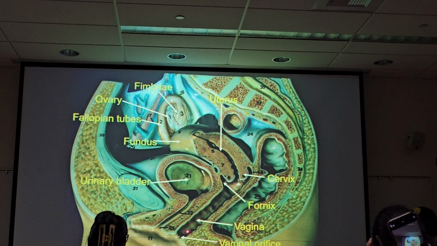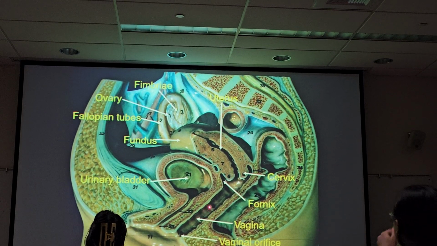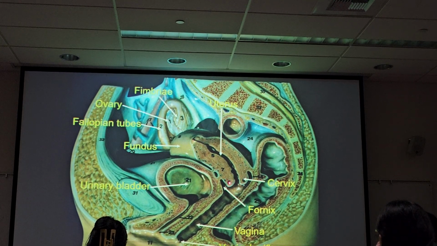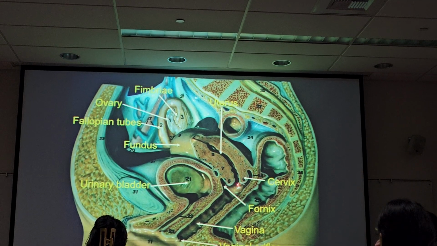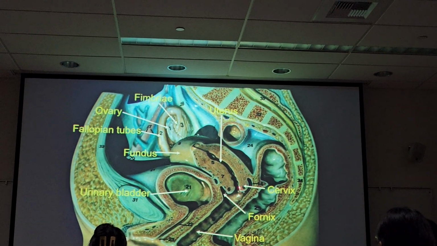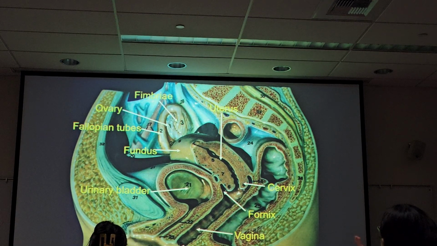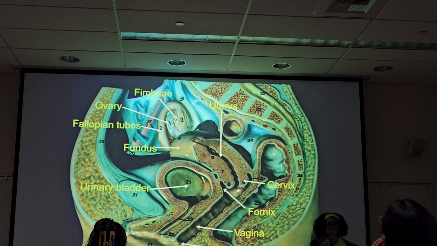So here we are, the opening or vaginal orifice takes us through the vagina and to the cervix. That communicates both with the vagina and the uterus. We enter into the vagina and through the cervix and into the uterus. Surrounding the cervix is a region. You've got to think this is a sagittal section, right?